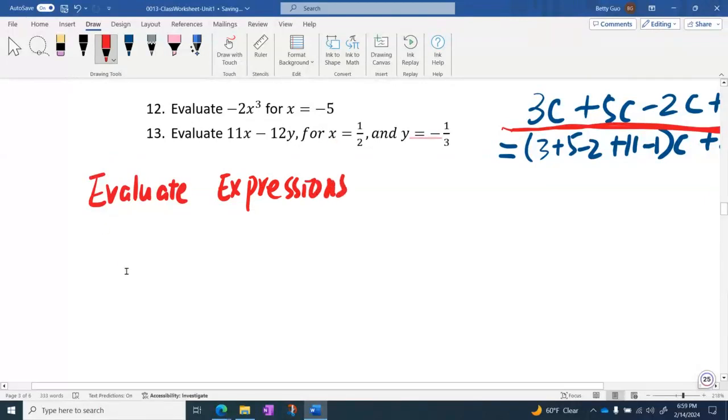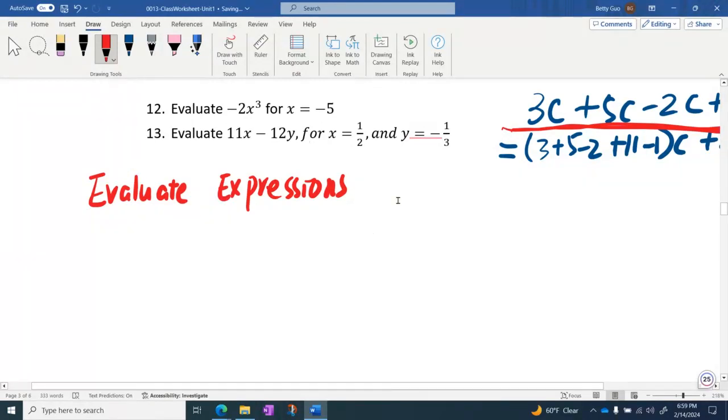Okay? What is an expression? It's a bunch of terms added together. So far, that is all an expression is. Just a bunch of terms added together.